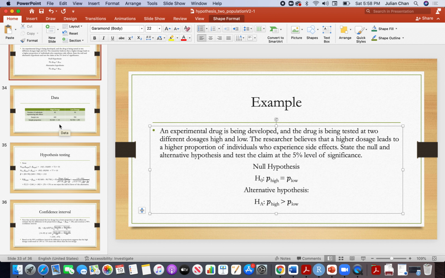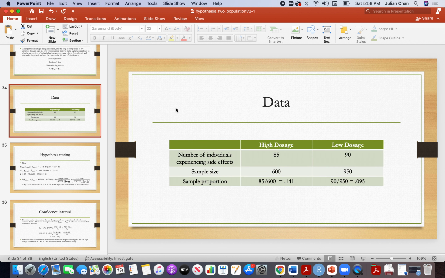So we can collect some data, and the data can be organized nicely into a table. The table could look something like this. So under the high dosage, we would know the sample size, and then we could know the number of individuals that said, yes, I'm experiencing side effects. The same for the low dosage. And notice the numbers are different. We have a different sample size for the low dosage, and we have a different number of individuals experiencing side effects.